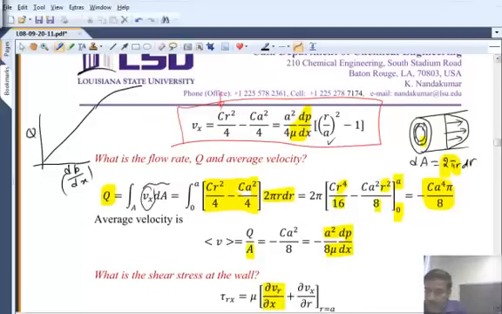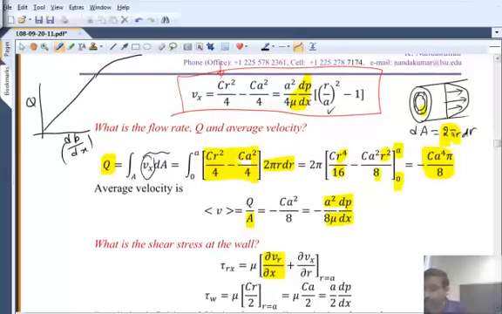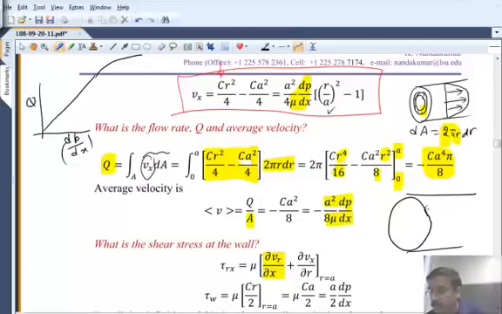Okay, and the next question that one can answer is, what is the shear stress at the wall? Now, what you need to do is, which component of the shear stress am I interested in when I'm calculating the shear stress at the wall? So what is the wall? Wall is a circular pipe. So what is the normal to the wall? It is in the radial direction.